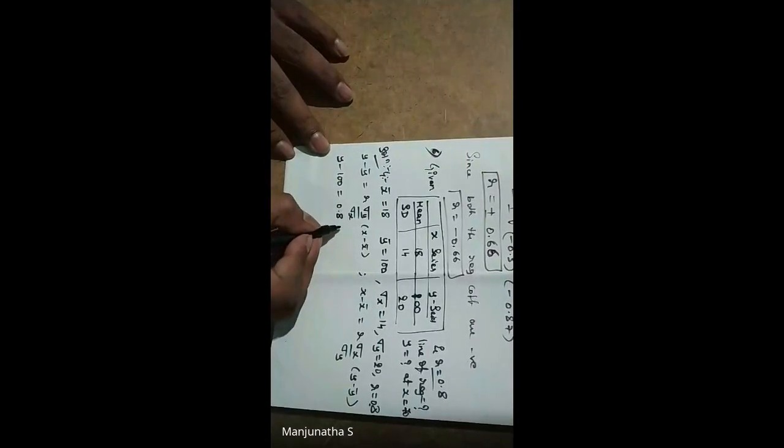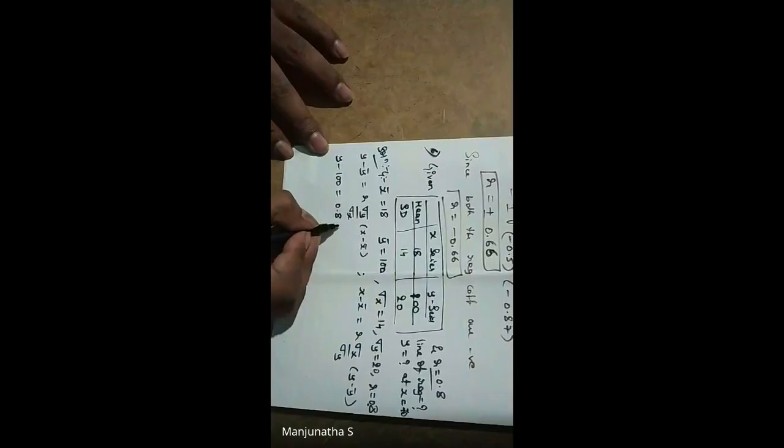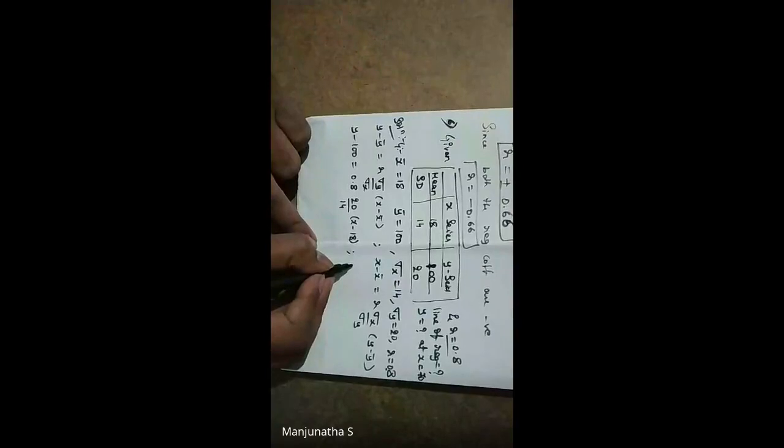Now you know all the values, like Y bar is 100, R is 0.8, sigma Y is 20 divided by sigma X is 14, into X minus X bar is 18. Similarly, how you did previously? So solve it and give me the final equation.